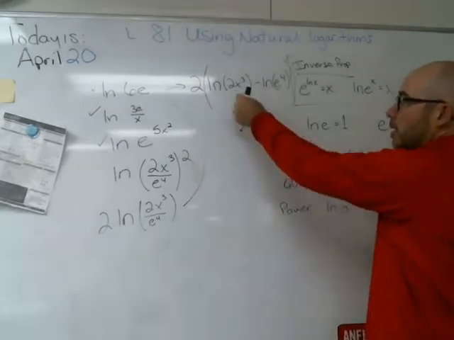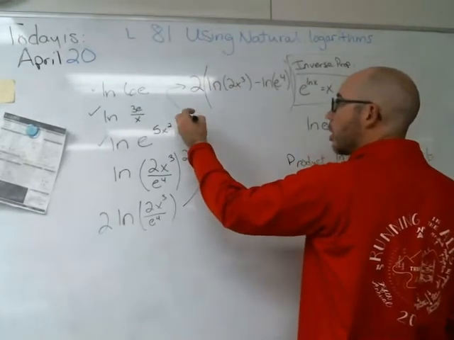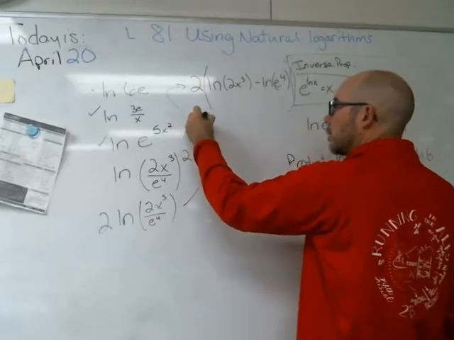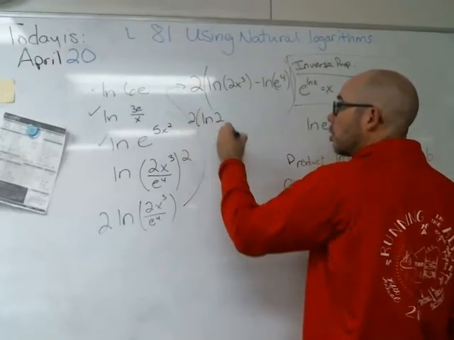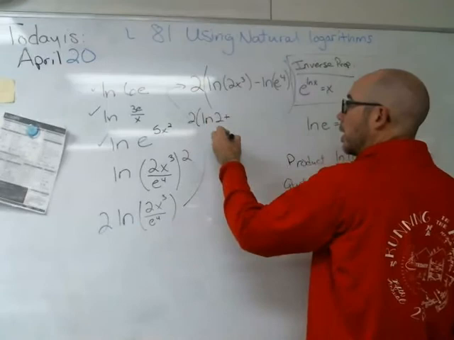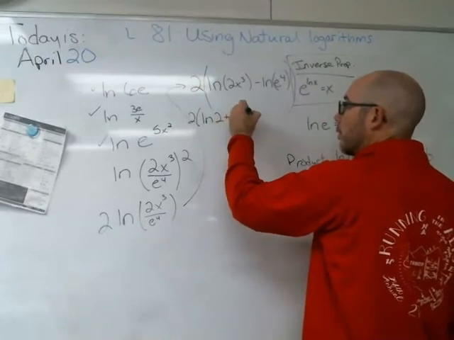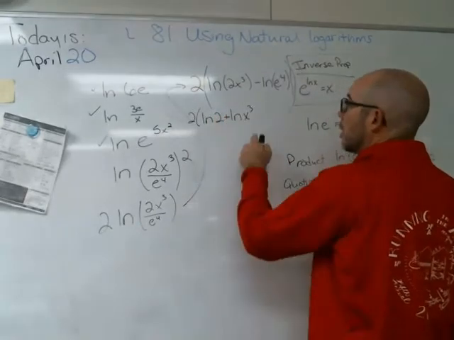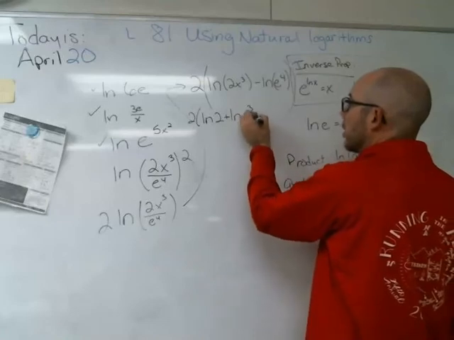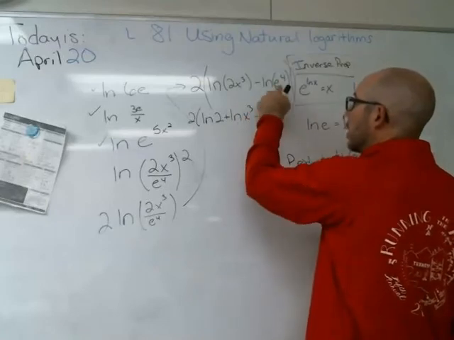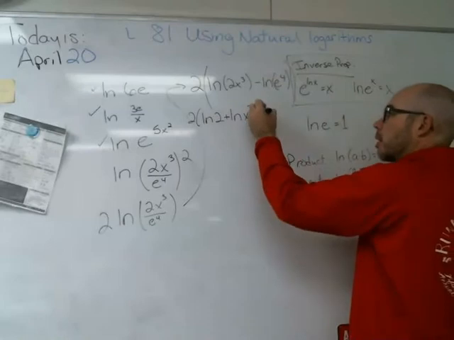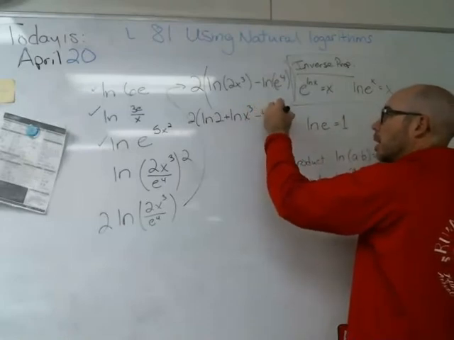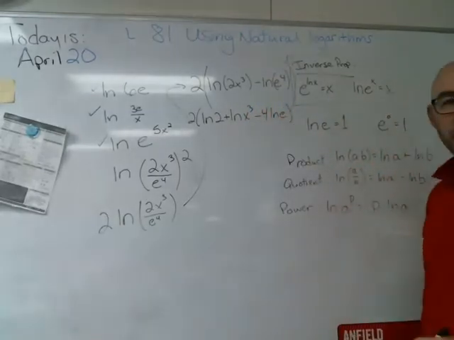Okay, next step is, this is actually a product still. So I've got 2 times the natural log of 2 plus the natural log of x cubed. And then over here we've got minus. And then this is the power rule. I can go 4 in the front, natural log of e, simplify that one more step.